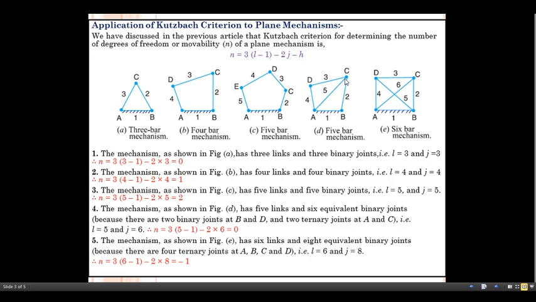In our previous discussion, we already saw that 1 ternary joint is equivalent to 2 binary joints.